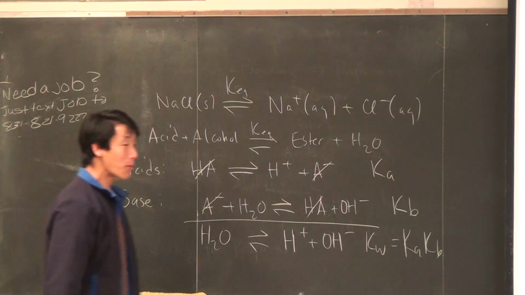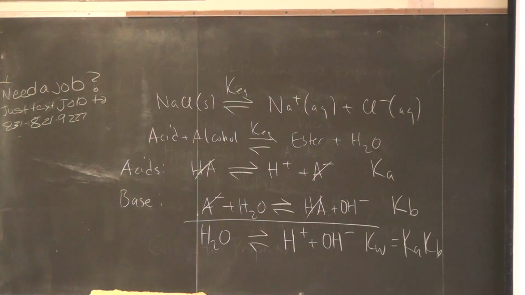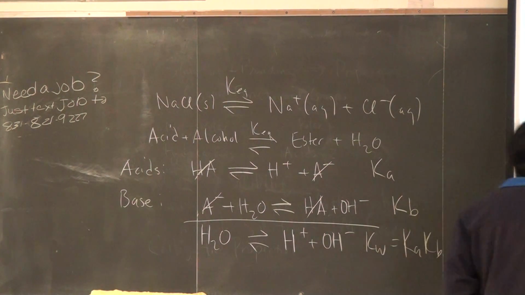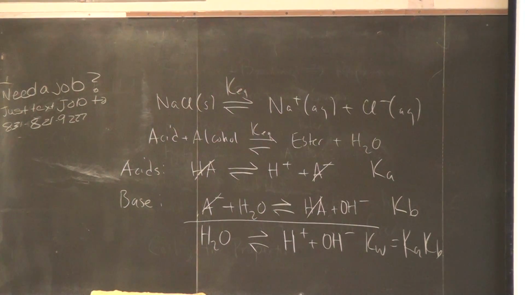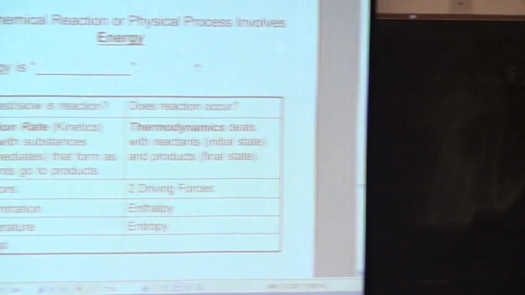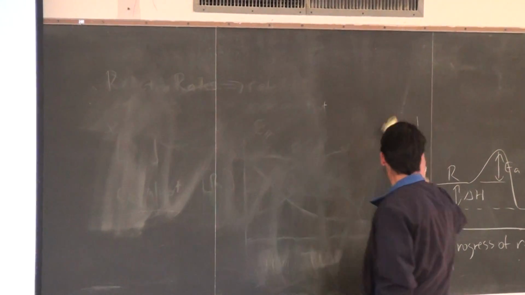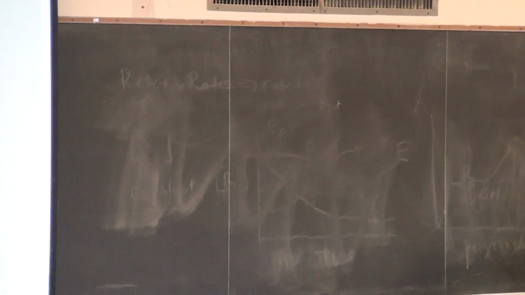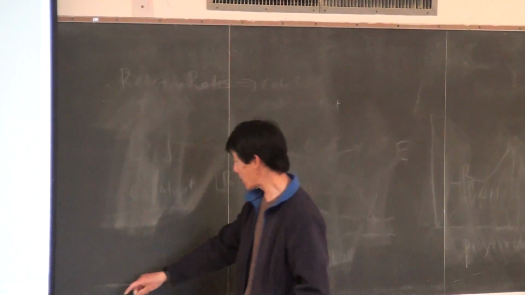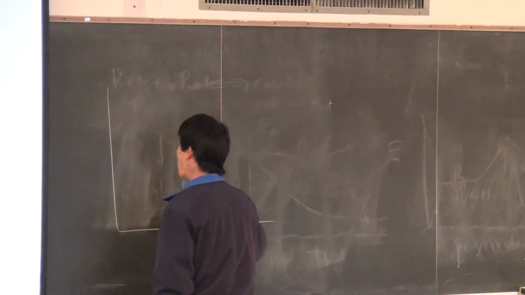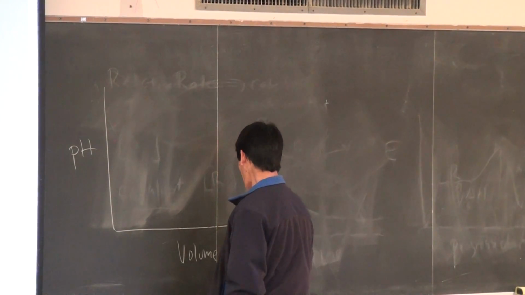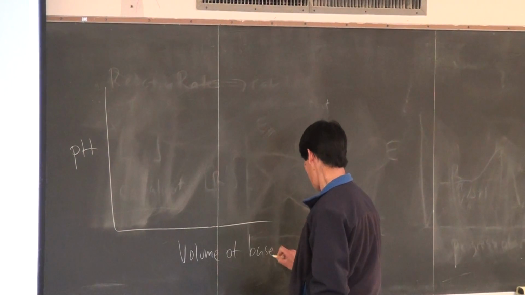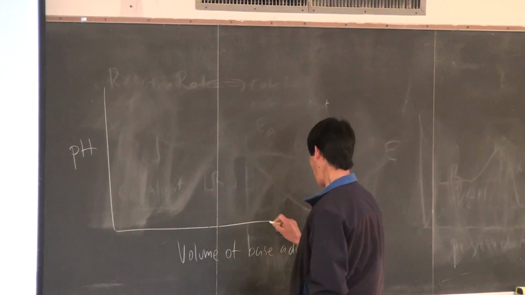And then we looked at another graph, another picture of how we can represent these acid and base reactions. If you plot pH on the y-axis and the volume of base added on the x-axis, this gives us a titration curve.